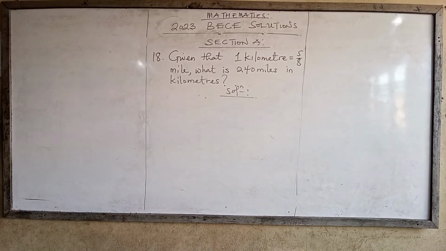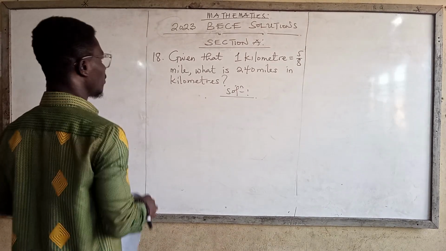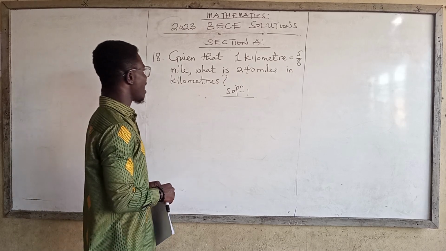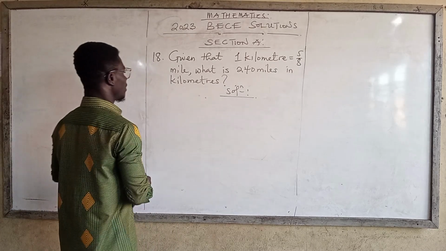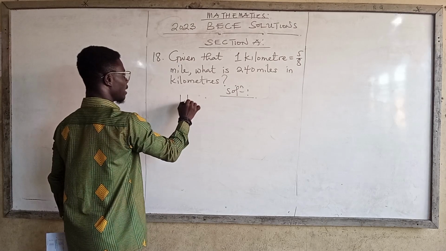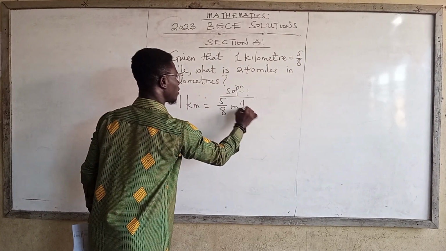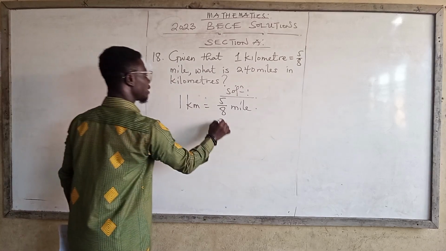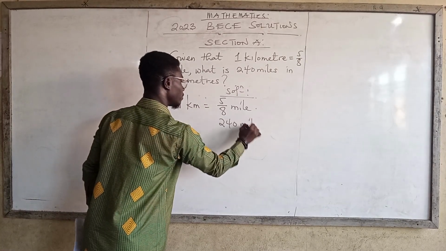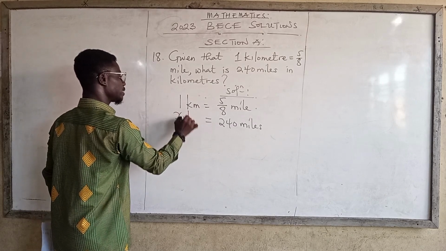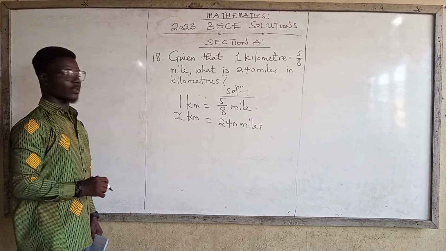Question 18. Given that 1 kilometer equals 5/8 mile, what is 240 miles in kilometers? So 1 kilometer is equal to 5/8 mile. Then 240 miles is equal to, let's assume it to be x kilometers, right?